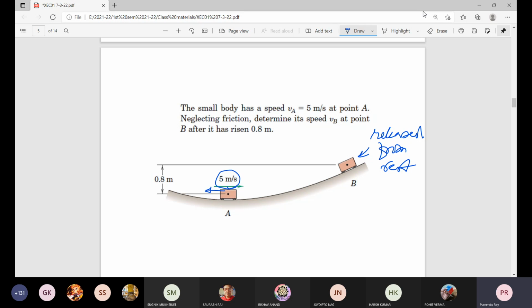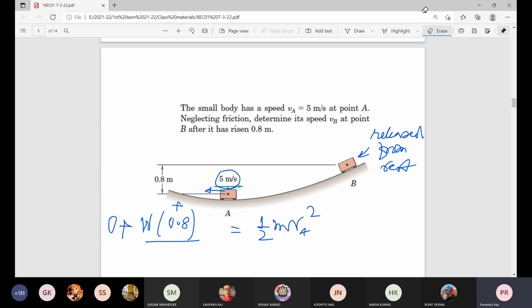Now in this case, W multiplied by 0.8 will be positive because it is in the direction of that force W. So W multiplied by 0.8 is equal to half m VA square minus 0, or initial value 0, plus this.